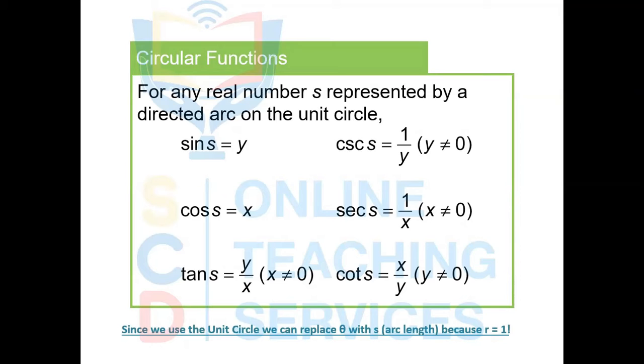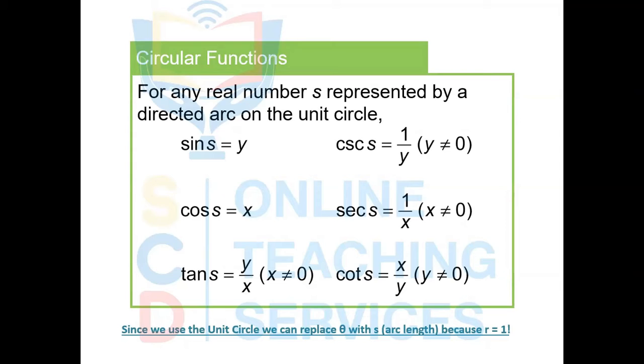We have a restriction that x must not be equal to 0, because if x is equal to 0, it will make the whole function undefined, correct? Yes. Okay, so cosecant s is 1 over y, secant s is 1 over x, and cotangent s is equal to x over y.